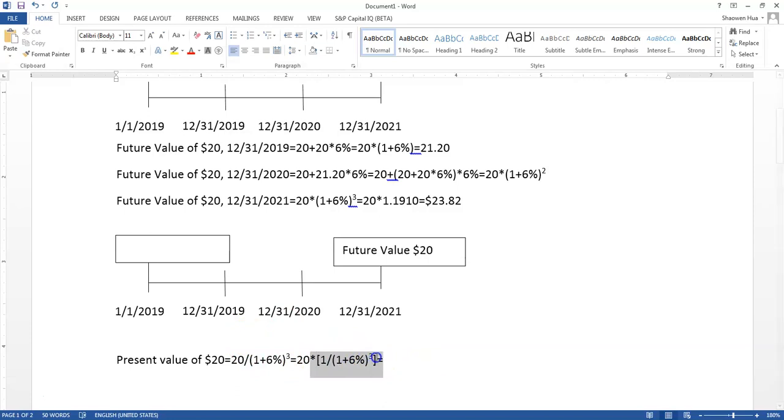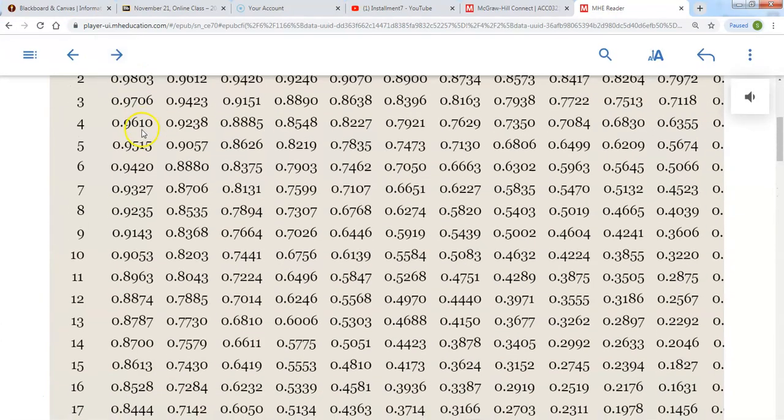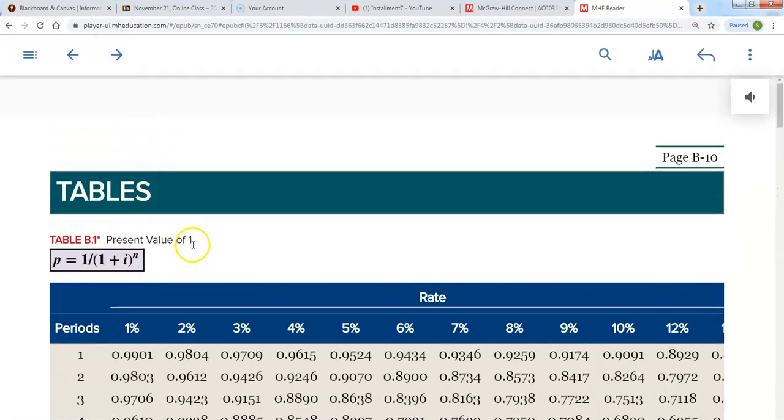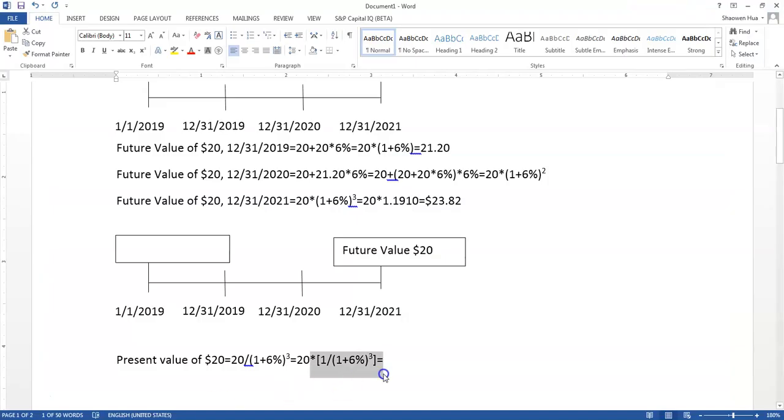You don't need to calculate by yourself, or if you are using a financial calculator, it will give this discounting factor to you. So if we want to look up the discounting factor of 1 over 1 plus interest rate over a period of 3, we go back to the textbook. At the end of the textbook, we look for the present value table, present value of one single amount, 6% for 3 years. The discounting factor is 0.8396.